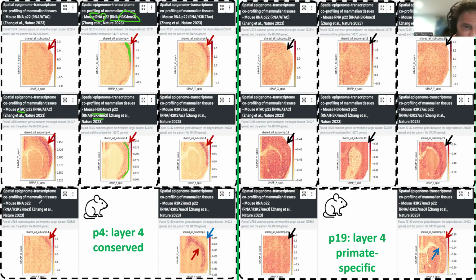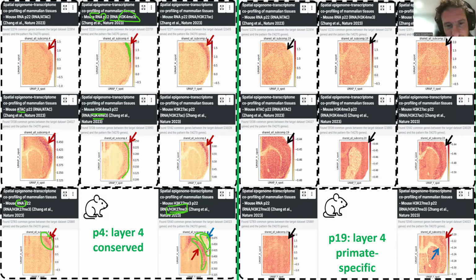Okay, then let's look now at the RNA and H3K27 trimethyl. Again, for the same signature, the conserved one. The RNA is there again, as we expect, in that layer 4. But now, in the H3K27, the repressive histone mark, that layer 4 signature is usually devoid of signal up here.